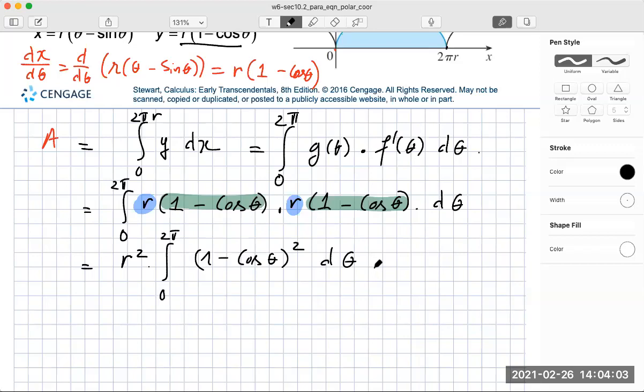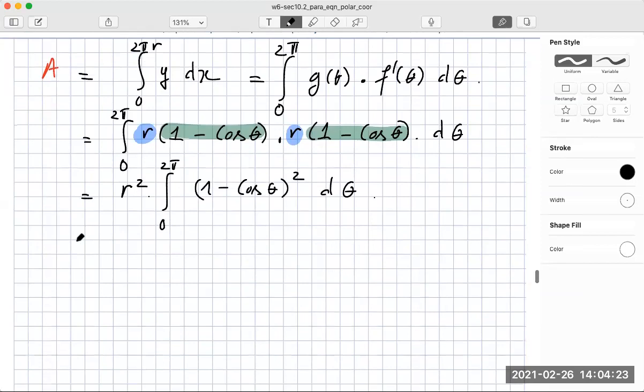If we have this integral, how can we solve it? Substitution, then it will become very complicated. How about we expand this perfect square out and see? Okay.